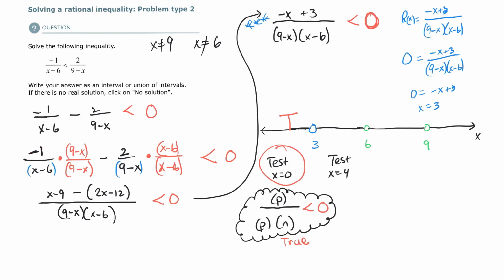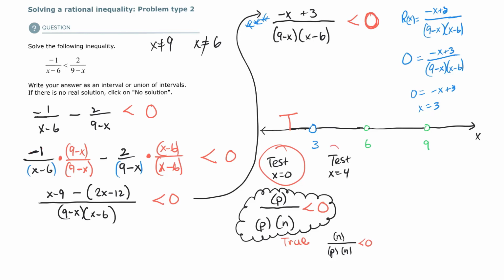So I get a negative in the numerator, and then I get a positive, and then a negative again. Is this less than 0? Let's double check that. Yeah, that's false.